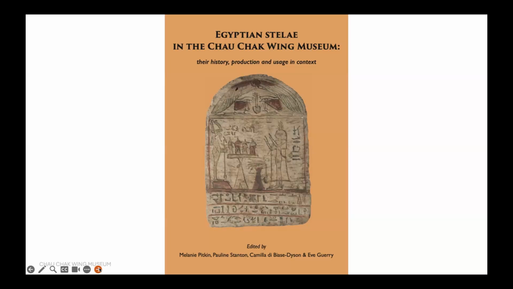And Pauline and I are working on a chapter around the use of grids, guidelines and freehand on stelae. There are also chapters around the use and reuse of stelae, pigments and painting techniques, names and handwriting, and of course this experimental work. So it's a really holistic approach to studying and thinking about ancient Egyptian stelae, which has not really been published in this way before.